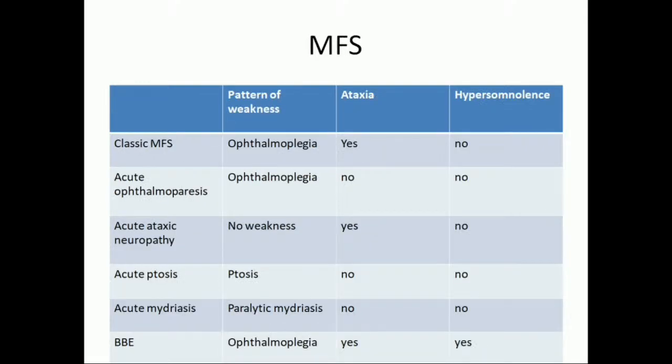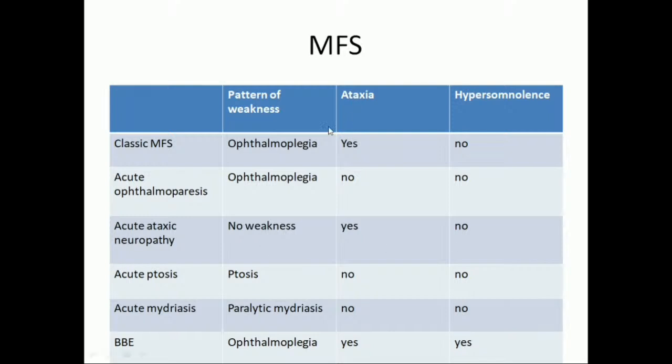Now there is another form of GBS which is also called the descending form of GBS. It means the weakness starts from the upper part of the body and goes downward, and the syndrome is the Miller-Fisher variant of GBS. So the classical Miller-Fisher variant has acute onset of weakness, external ophthalmoplegia and ataxia. So a triad of areflexia, ataxia and external ophthalmoplegia.